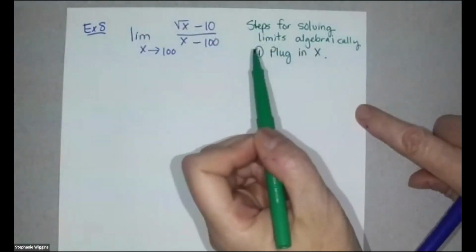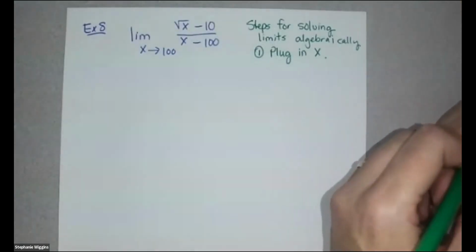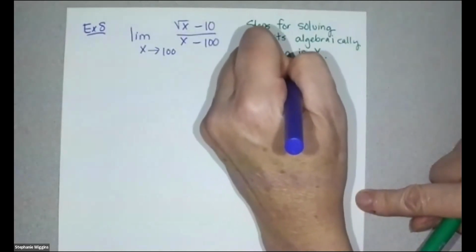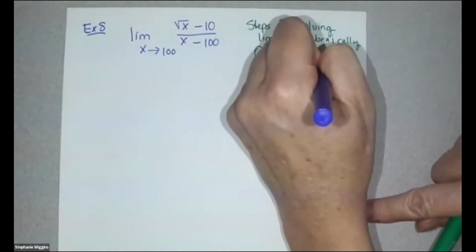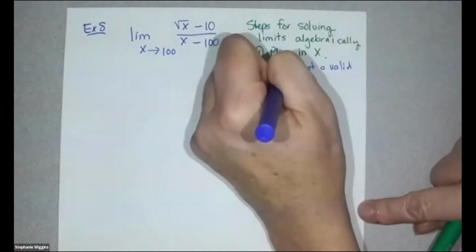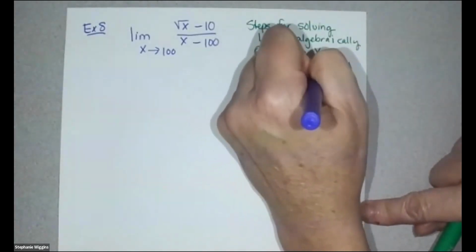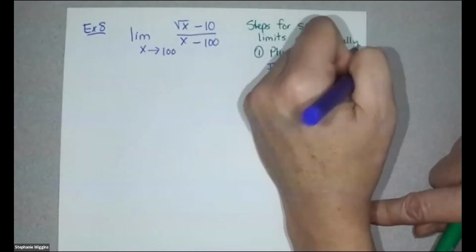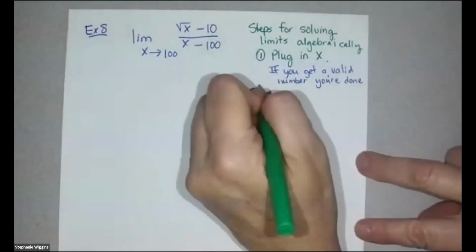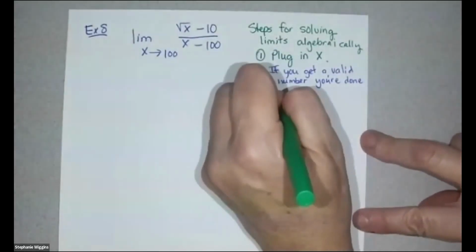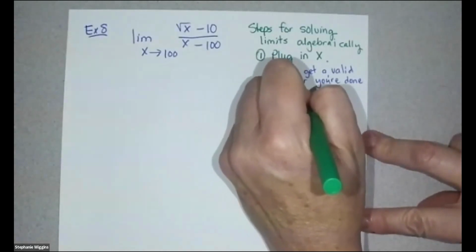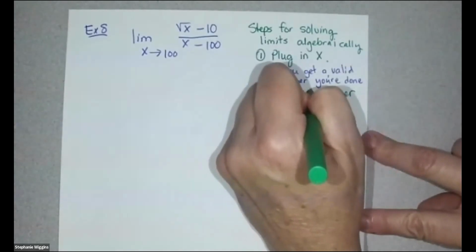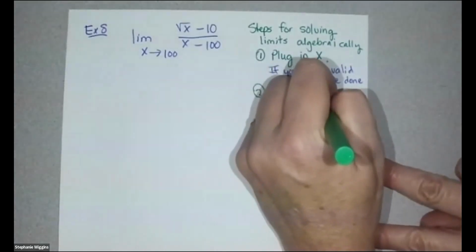If you get a number out, you're done. Okay, the second step is if your answer is 0 divided by 0, then factor.